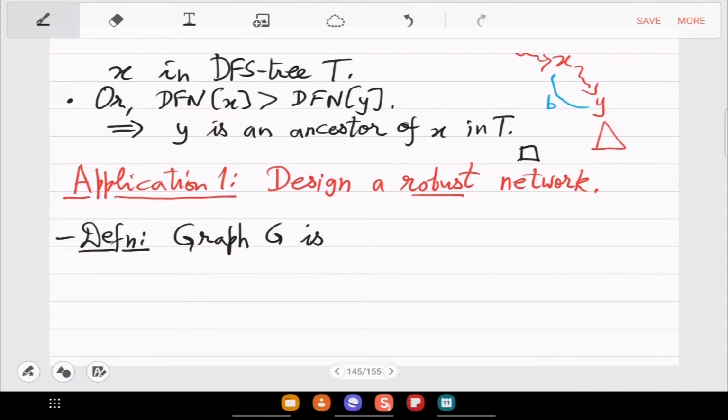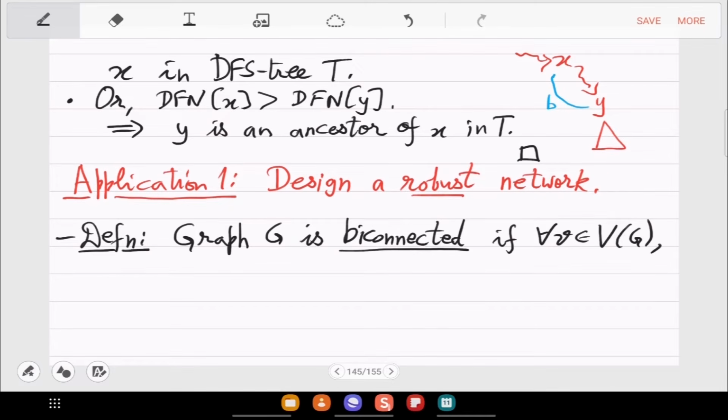So graph G is called bi-connected if for all the vertices v in the graph, G minus this vertex is connected.